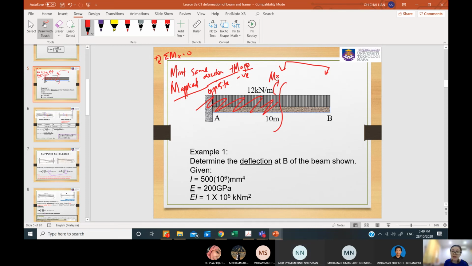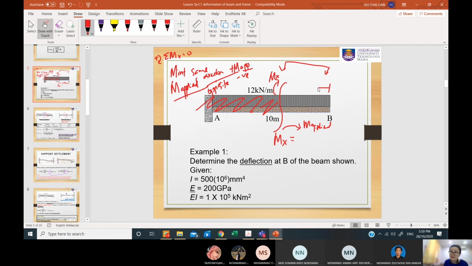Okay, so now MX, I will directly write my moment equation here. My MX will be my M internal. I write it immediately and then I put the equal to, which actually means to get all my moments that are being considered for applied to the other side. M applied here I put at the other side. In this case, I only have this external load of 12 kilonewton per meter.